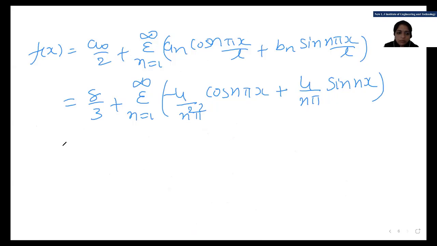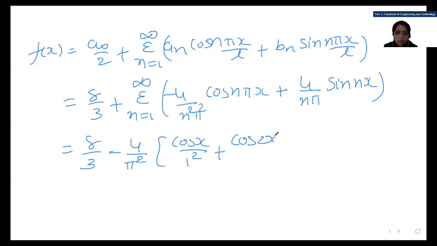So we keep this as 8 by 3. If I keep minus 4 common, then here minus 4 upon pi square. And if I put summation n 1, 2, 3 up to infinity, then I have cos x upon 1 square, cos 2x upon 2 square, cos 3x upon 3 square, like that.